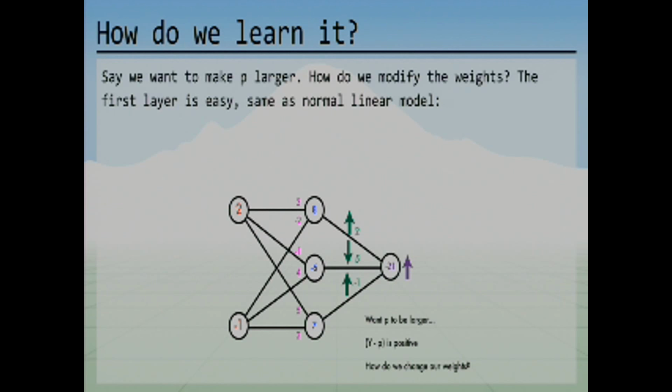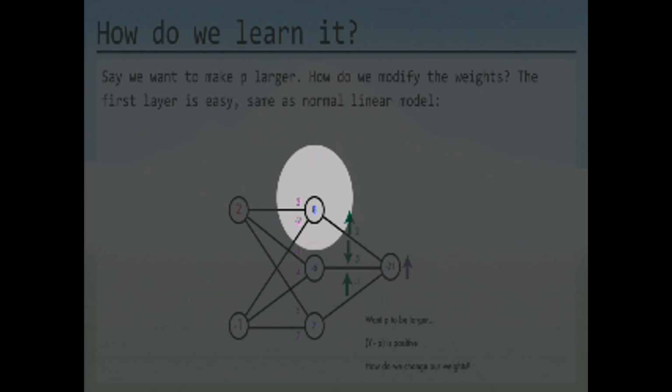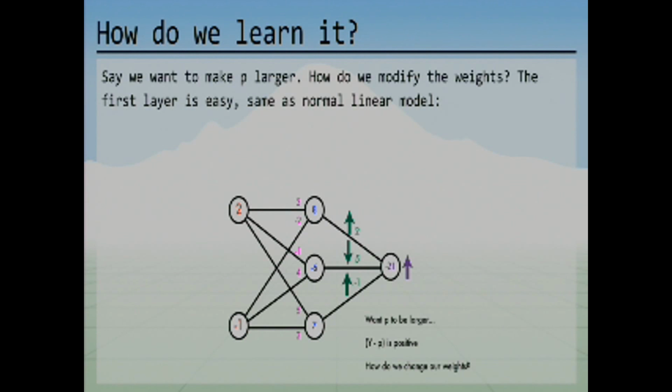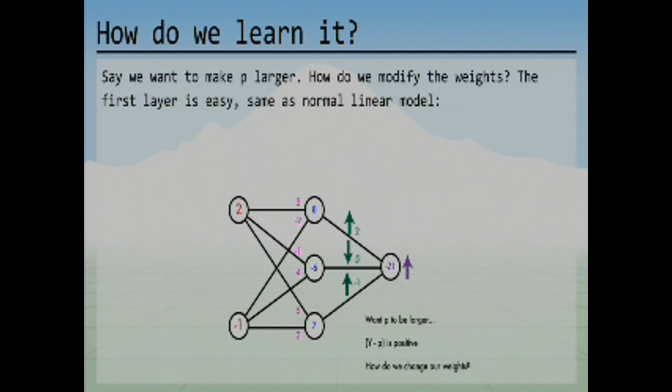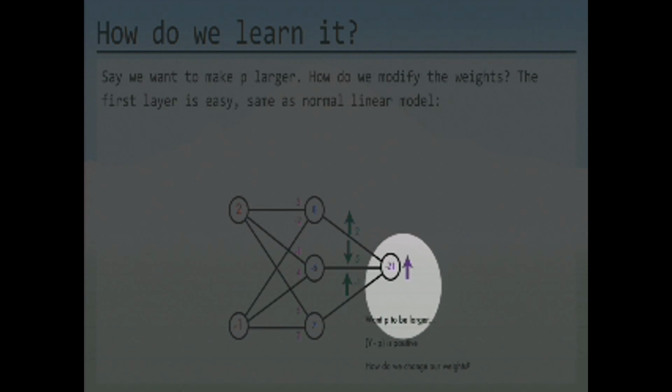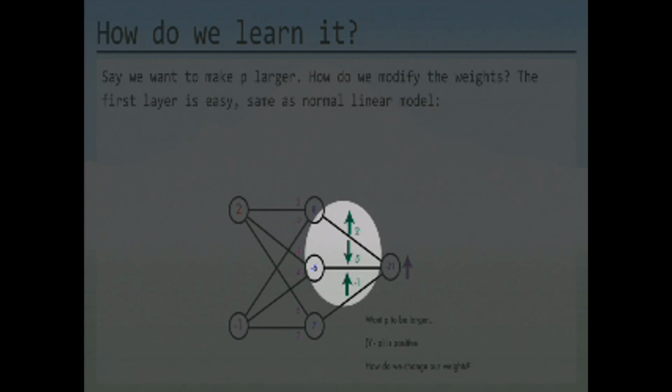We're going to do basically the exact same thing here. So if we want to make p larger by some amount, we're going to look at the input and multiply the input by the amount that we want to change p. And so for this example, we have this arrow that's strongly up, and we see that this is a positive number, so we're also going to want to increase this weight.